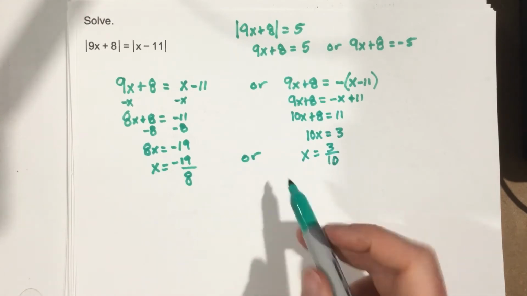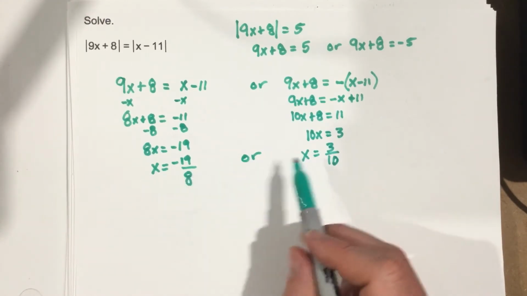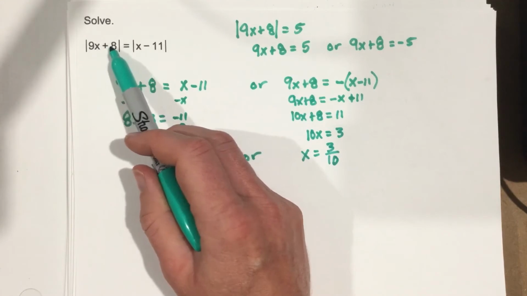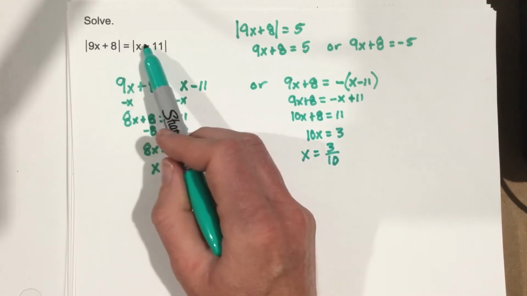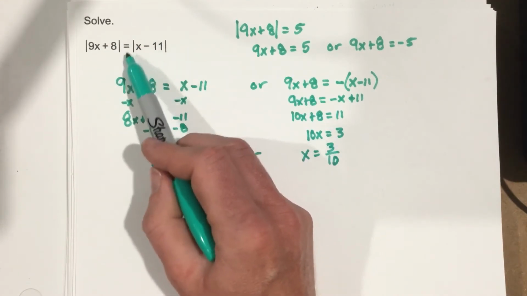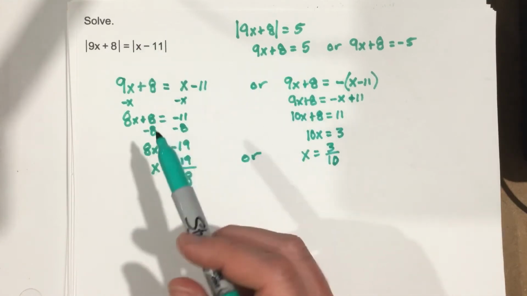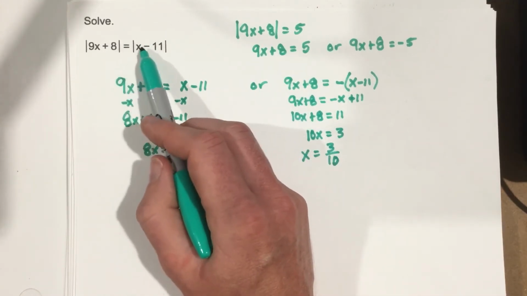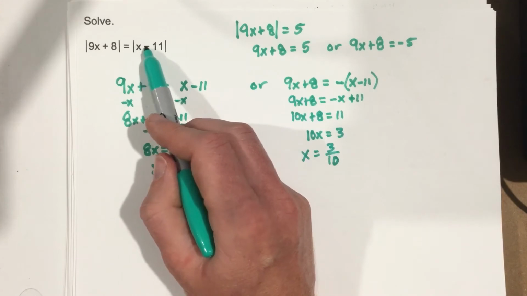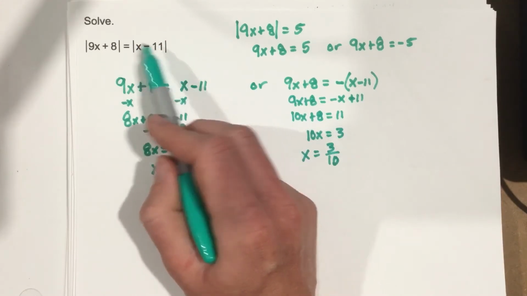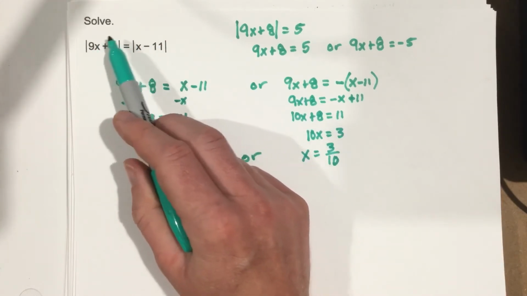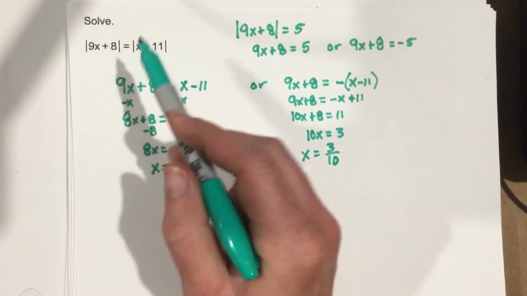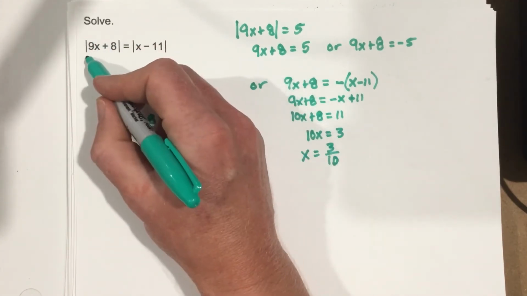Okay, so we have our two answers, but we only went with 9x plus 8 equal to the positive version of this and the negative version of this. What if we did this backwards? What if we said the absolute value of x minus 11 is going to equal the positive version of this and the negative version of this? So I'm just going to flop this and write it in a different version.